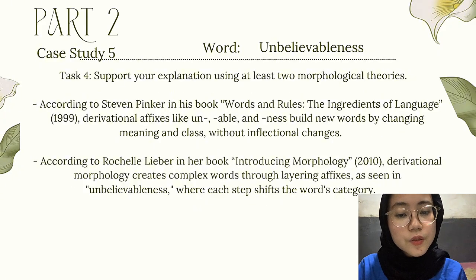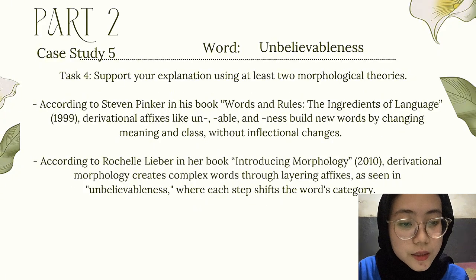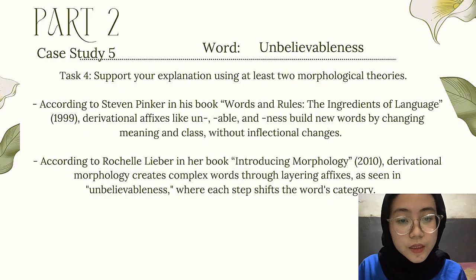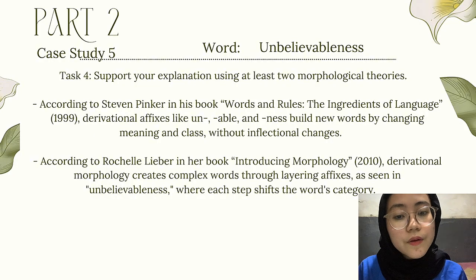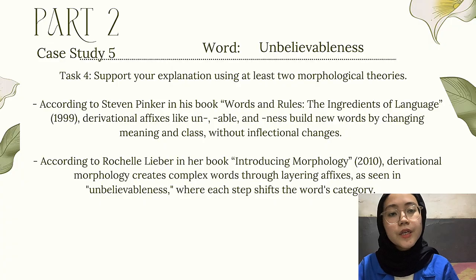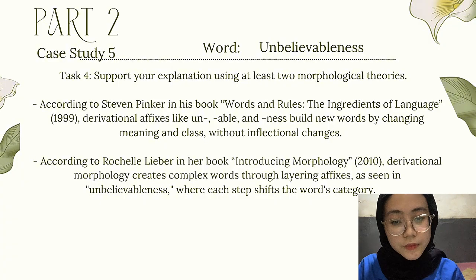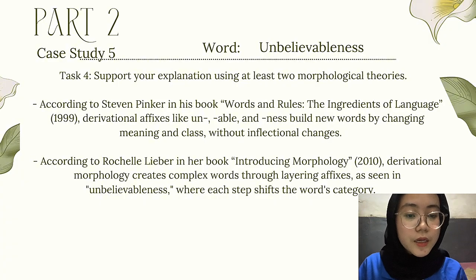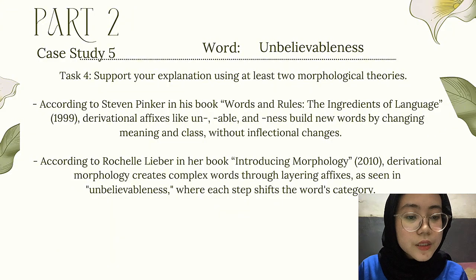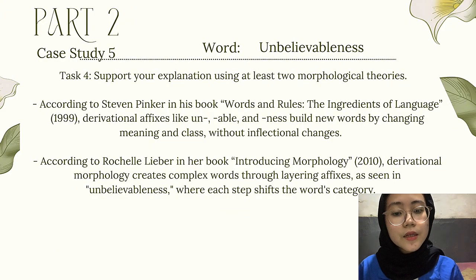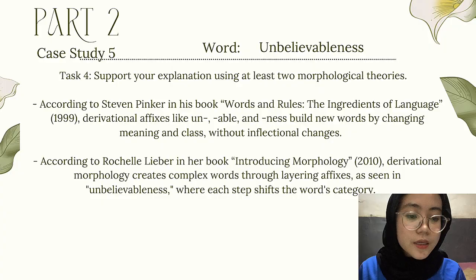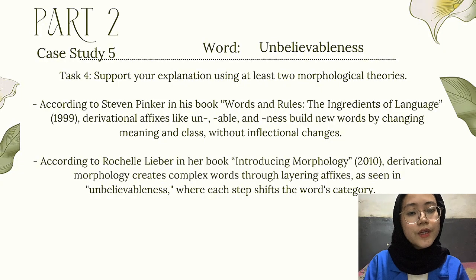So task 4 is to support your explanation using at least 2 morphological theories. In case study 5, I use the same theories as in case study 1. According to Steven Pinker in his book Words and Rules, the Ingredients of Language, 1999, derivational affixes like able and ness build new words by changing meaning and class without inflectional changes.